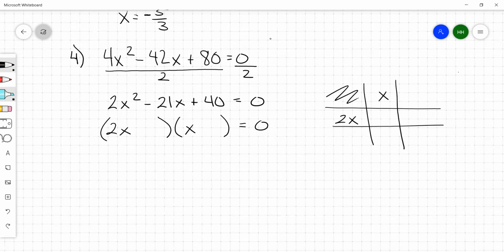Factors of 40: we got 1 and 40, 2 and 20, 4 and 10, 5 and 8. That's it. So we need to get to negative 21. 10 and 4, 10 and 8.